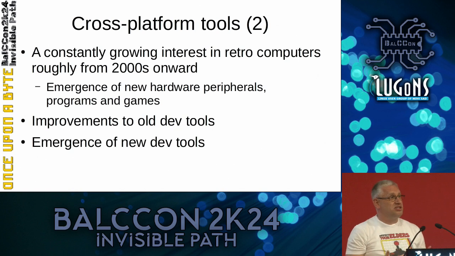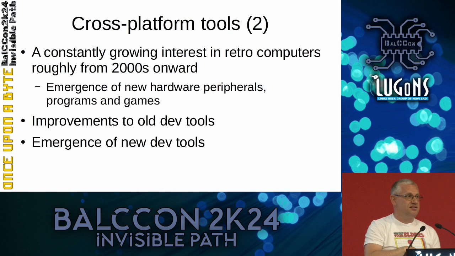So how do you develop for those machines? In the old days, there were, of course, some development tools that, as I said, were running on more powerful hardware, or there were tools that ran on the target system itself. For example, you had assemblers that ran on the Commodore 64 that generate code for the Commodore 64, so you would develop everything on the Commodore itself.